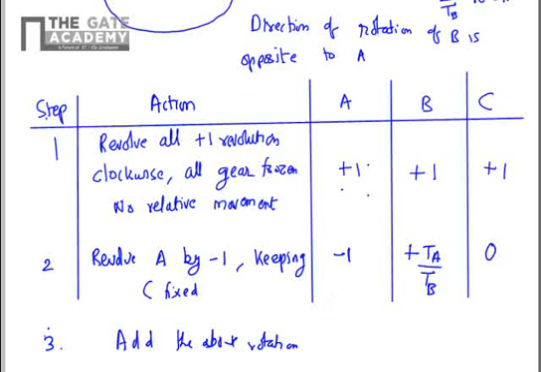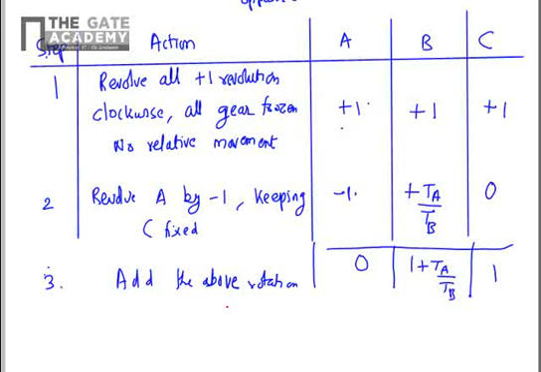On adding, the revolution of A we will get 0. On adding the revolution of B, we will get 1 plus TA by TB, and the revolution of C will be 1. So by superimposition of the motion, we have got a condition where A is fixed. That means A doesn't have any motion.